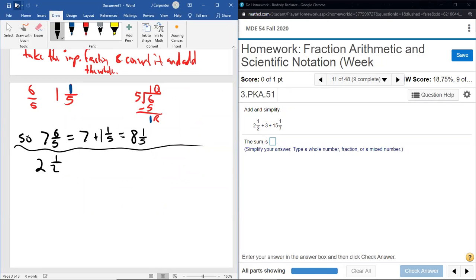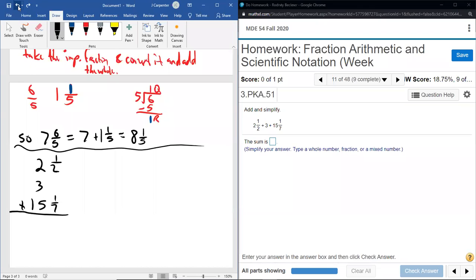2 and 1/2 plus the 3 plus the 15 and 1/7. Now, since we're adding, yes, we can get an LCD for the 3 and the blank, but it's going to be pointless because it would just be 0/7, 0/2, 0/3, 0/5, whatever it would be.